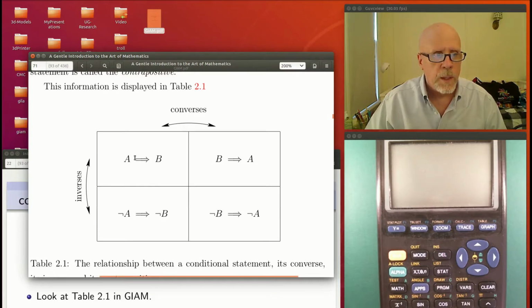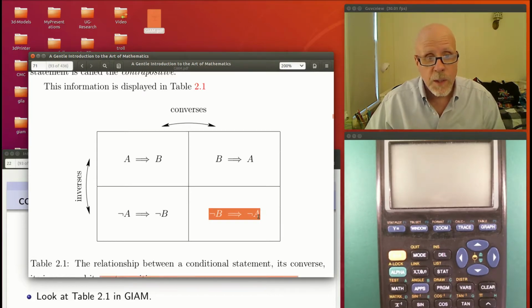So A implies B's converse is B implies A, but also the converse of not A implies not B is also that: switch the things on either side of the arrow, or alternatively, reverse the arrow. So converses across the rows and then inverses across the columns.